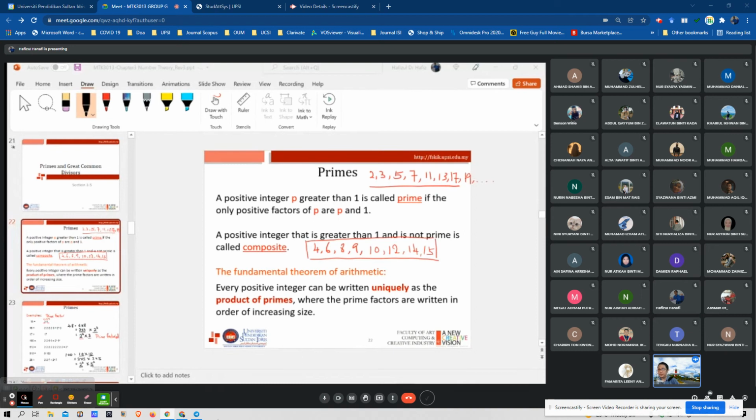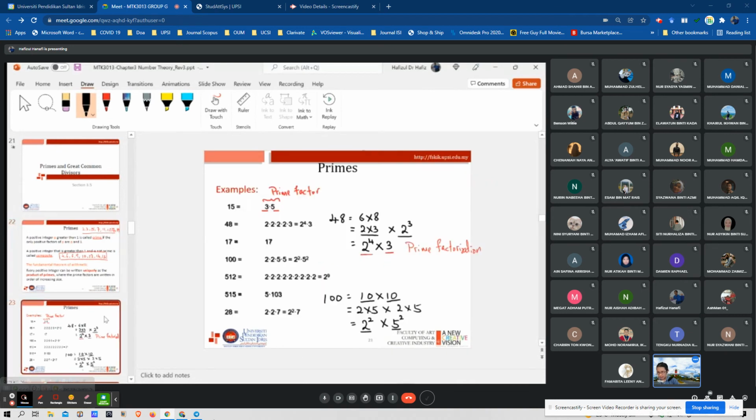For example, we have 15. We have the prime factors 3 multiplied by 5.